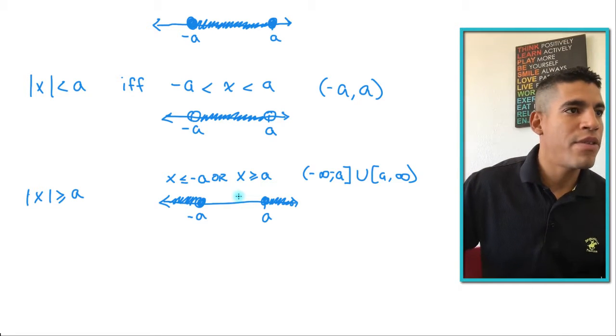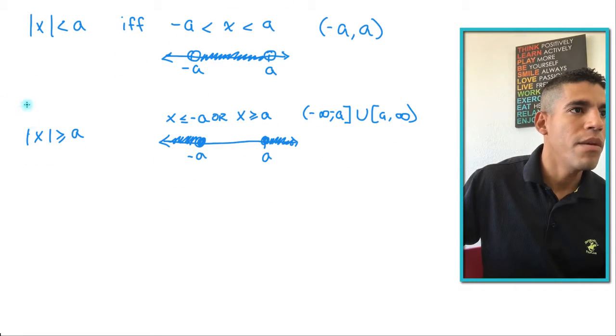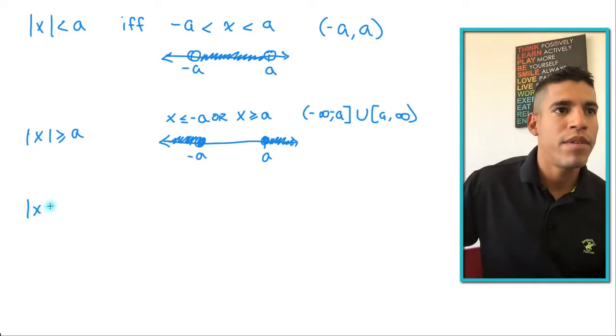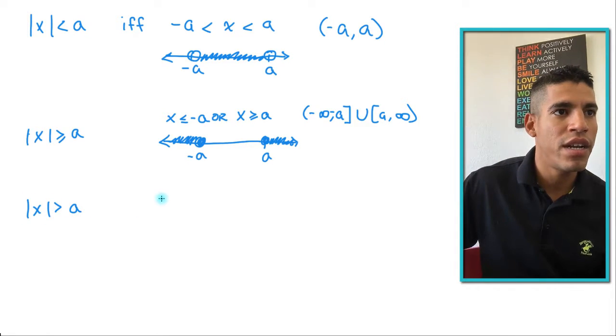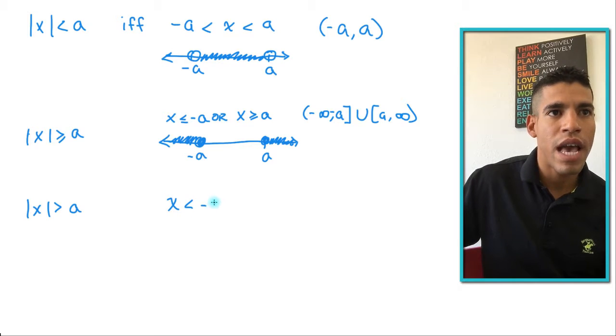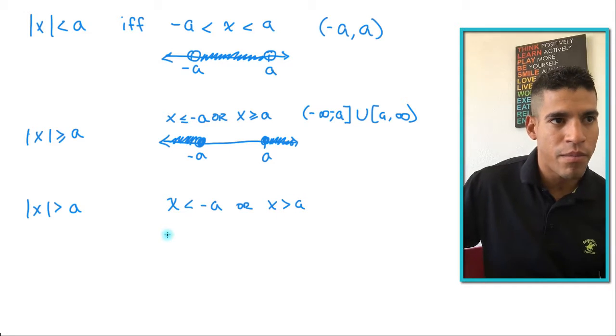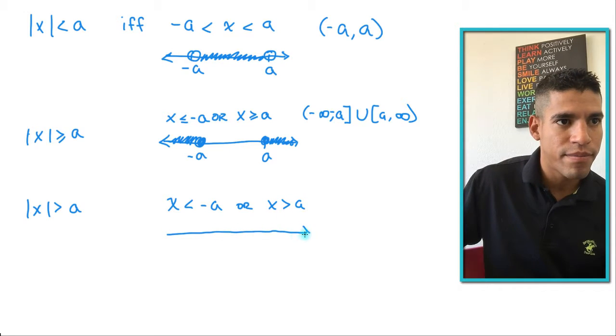And then absolute value of x being greater than a, very similar to this one, is x less than minus a, or x greater than a. Graphical representation is basically the same without including the a's. So I'm going to write it as fast as possible.